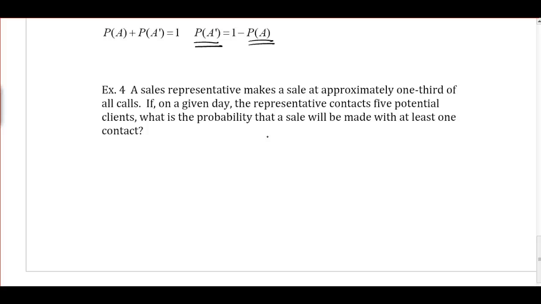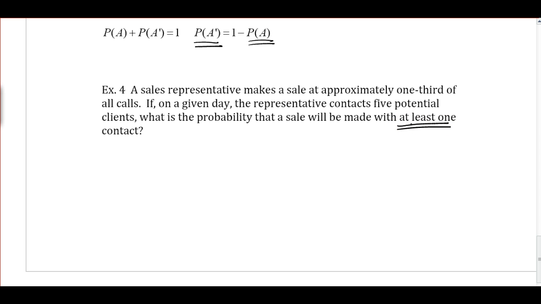In this last example, a sales representative makes a sale at approximately 1/3 of all calls. If on a given day the representative contacts 5 potential clients, what is the probability that a sale will be made with at least 1 contact?